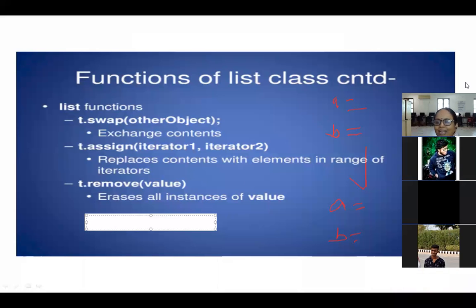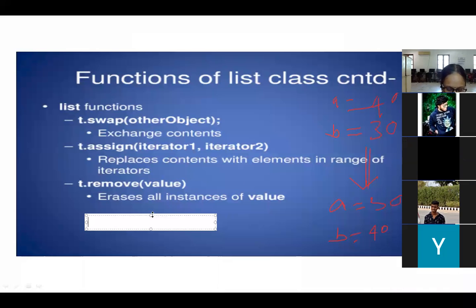So we use a temporary variable. A equal to 40 and B equal to 30. How will I move now? I have one temporary variable, T. I will move my A value to that temporary variable, so A is stored in T. Then I will move my B value to A. Now A will become 30.